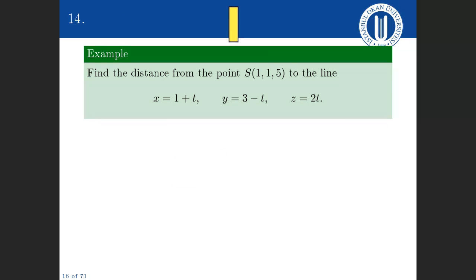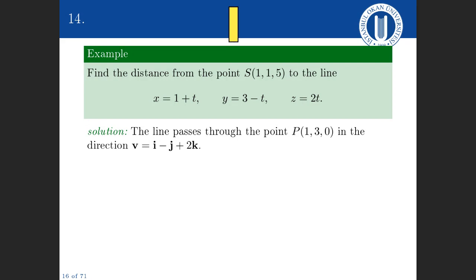So for example, find the distance from the point (1, 1, 5) to the line (1 plus t, 3 minus t, 2t). We need a point on the line and we need a vector which is parallel to the line.